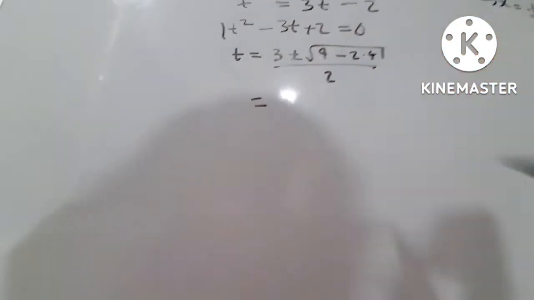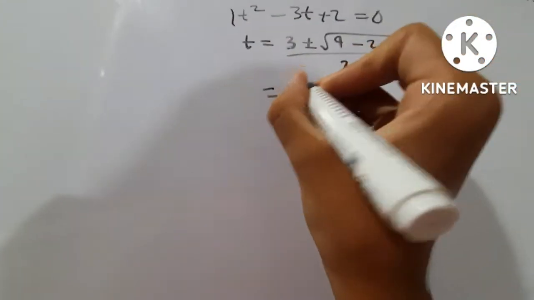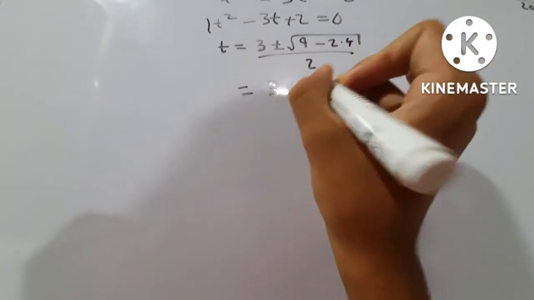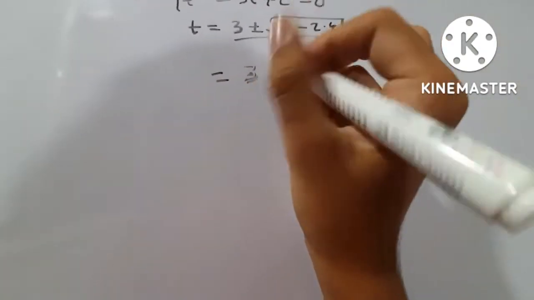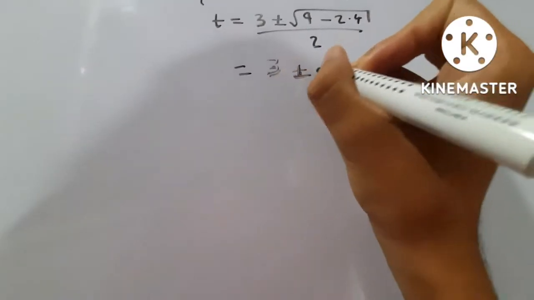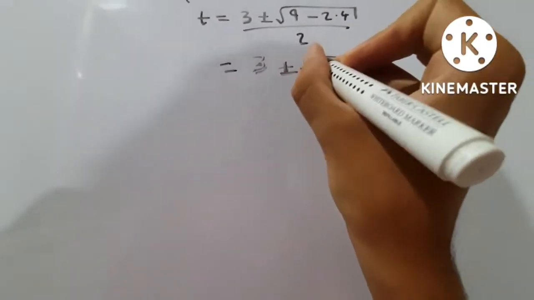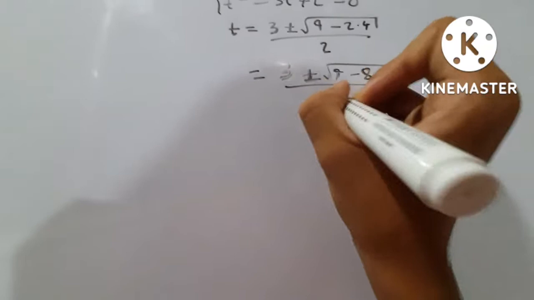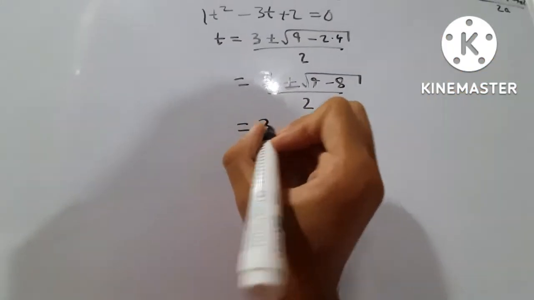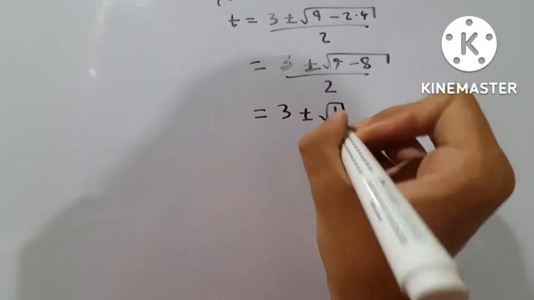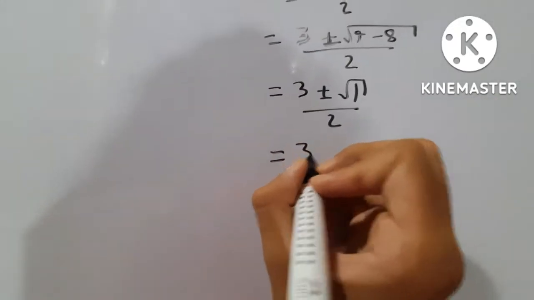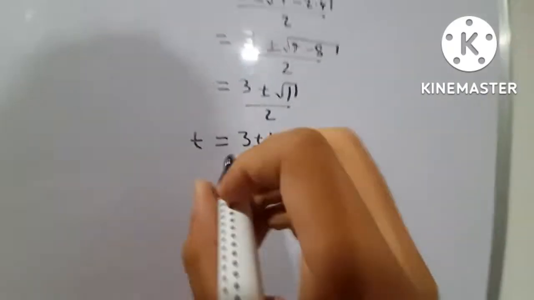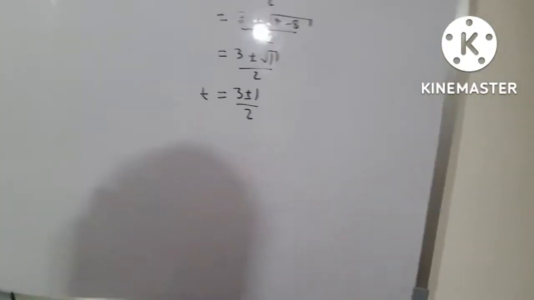So it's going to be 3 plus or minus the square root of 9 minus 8, over 2. That's 3 plus or minus the square root of 1, over 2, and the square root of 1 is just 1. So 3 plus or minus 1 over 2.